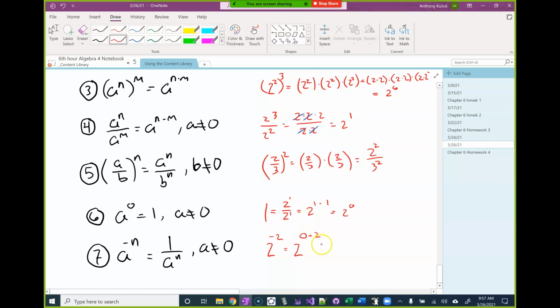And then if I use property 4, that's the same thing as 2 to the 0 over 2 squared, which would just be 1 over 2 squared. So basically that negative exponent is just creating a reciprocal.